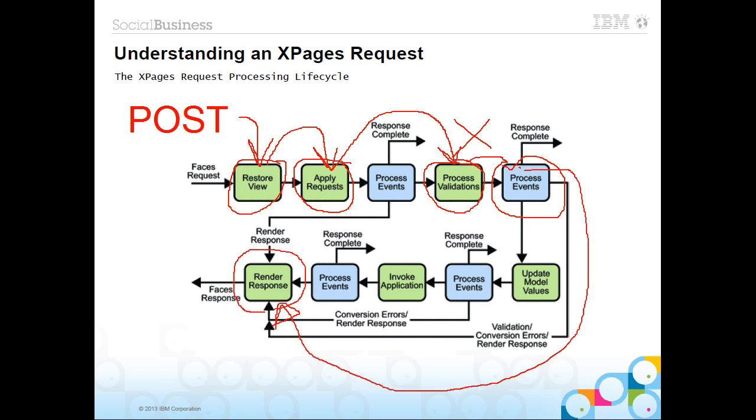In doing so, inside the render response phase, that queue of error messages is then used to notify the end user of the offending validation failure. Hence, we see the inline error message appropriate to that name field, and so forth. So in the render response phase, each of the components is asked to render its corresponding HTML markup. And of course, the error message is also included in that response output.